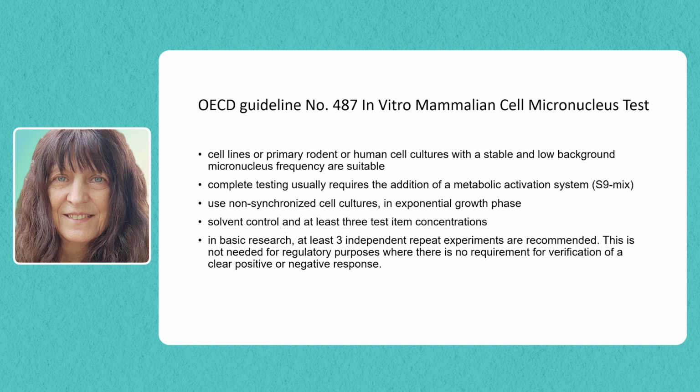But that's said in the guideline. But remember, before the industry submits the data for regulatory purposes, they have done many experiments with the compound. Just the final experiment according to guideline that they then submit has to be just 1 experiment.